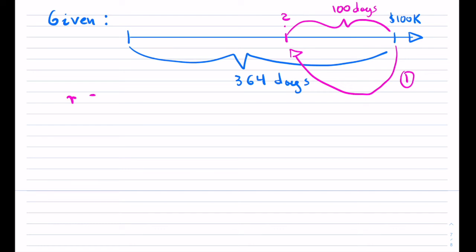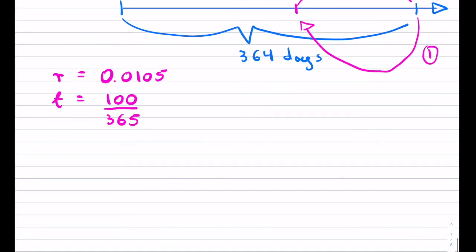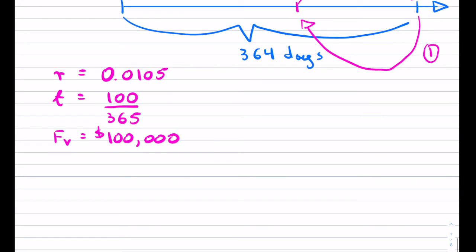So the rate is 0.0105. The time T is 100 days before it is due, over 365. And as we said, we know the future value or maturity value of this, and that's 100,000. Because it's simple interest, I'll just keep the future value as S, known as the summation value.